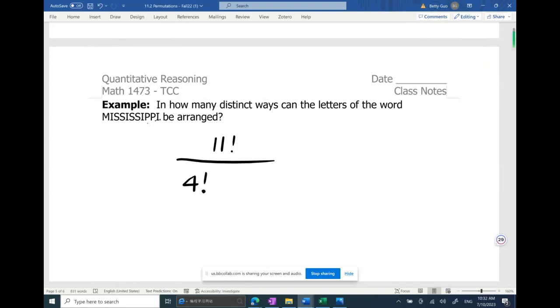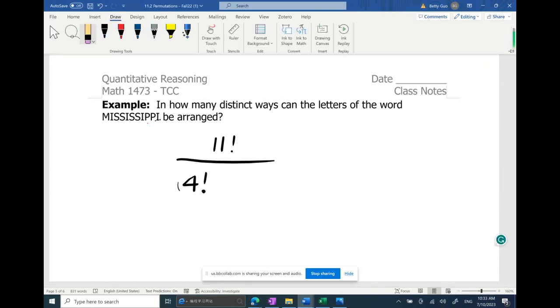If you only arrange those 4 I's, pretending they are all different, then how many different ordered arrangements do you have from the 4 I's? You have 4 factorial, that many different ways, right? But now they are the same. So you have to remove the factor. So you have to divide 11 factorial by 4 factorial. You have to put 4 factorial in the denominator.